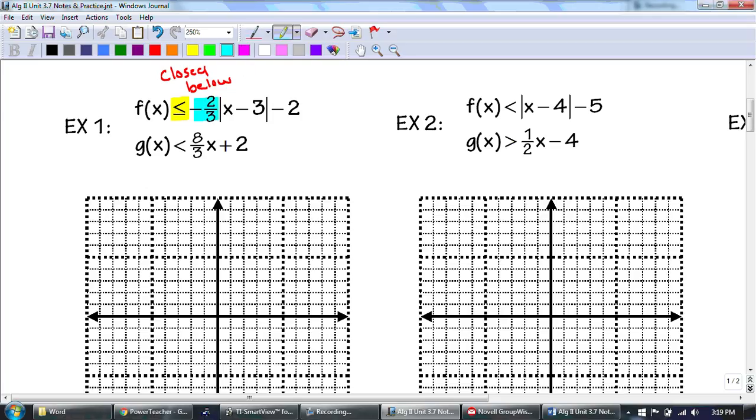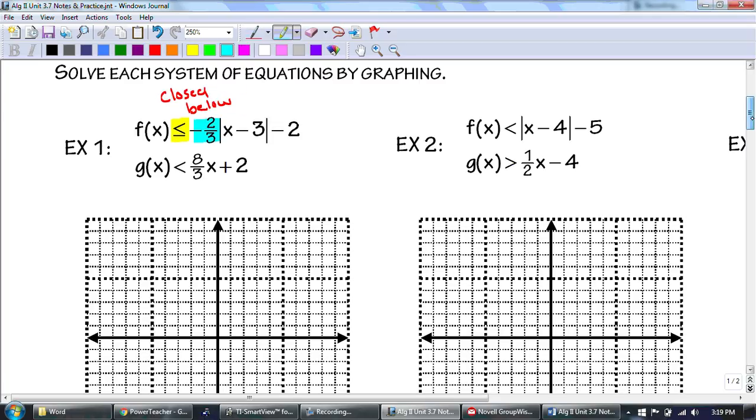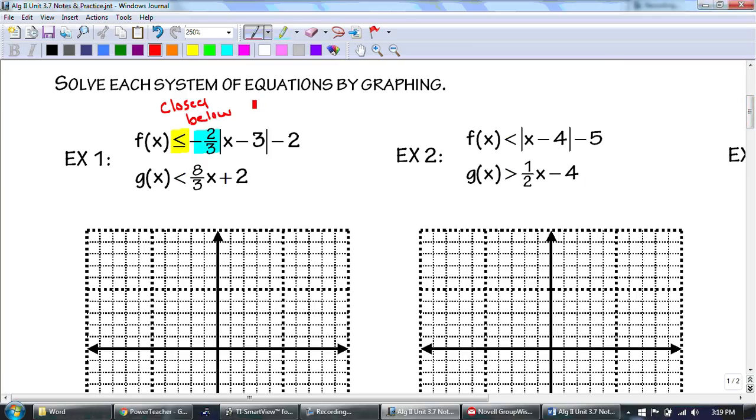The next thing I'm looking at is the negative 2/3. The negative is telling me that there's a reflection, so it's going to be going down 2 over 3. And then the last thing I need is the vertex.